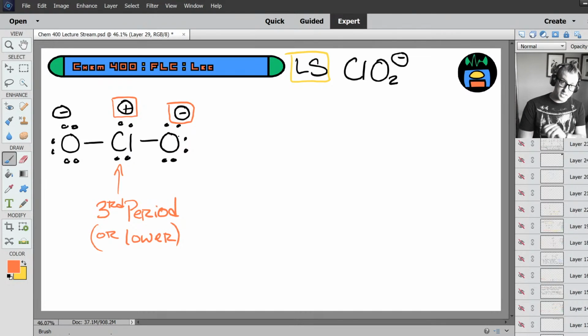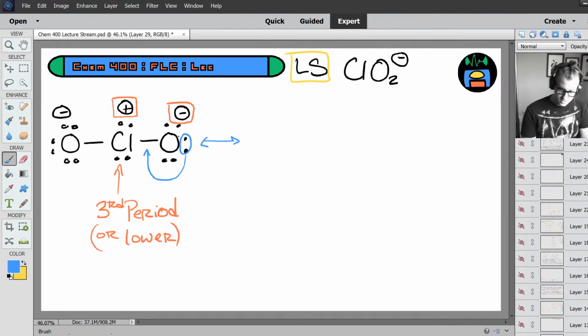Here's how. Take 1 lone pair on your element with the negative charge and turn it into a multiple bond between the oxygen and the chlorine.